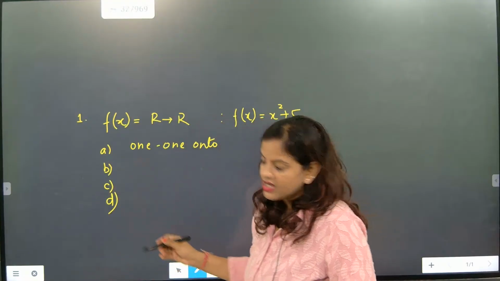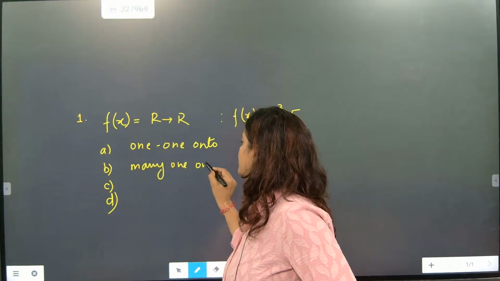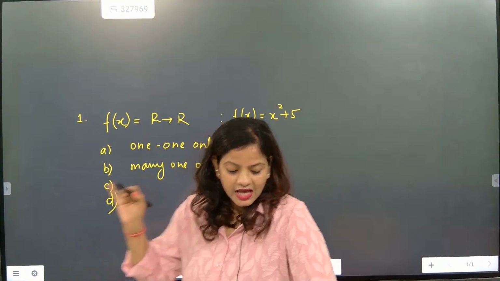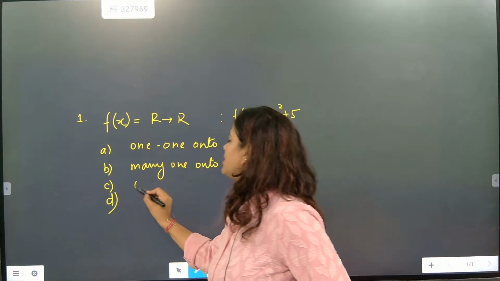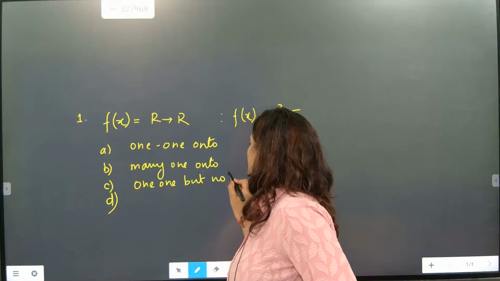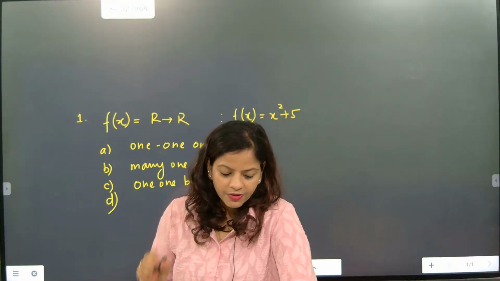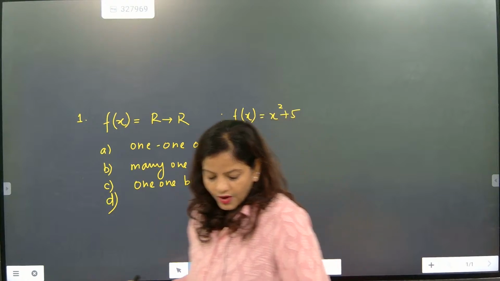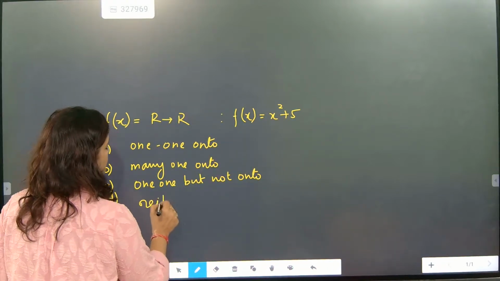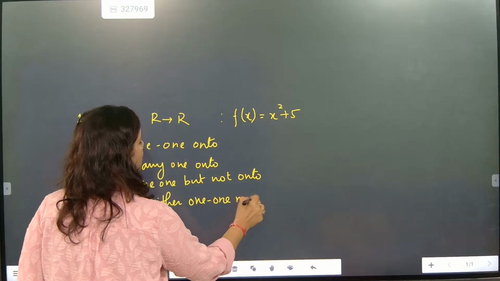Second: many-one and onto. Third, think very nicely and then answer: one-one but not onto. Fourth: neither one-one nor onto.